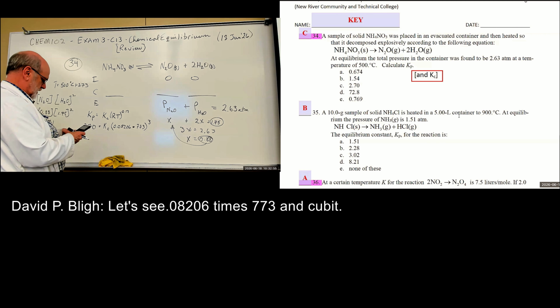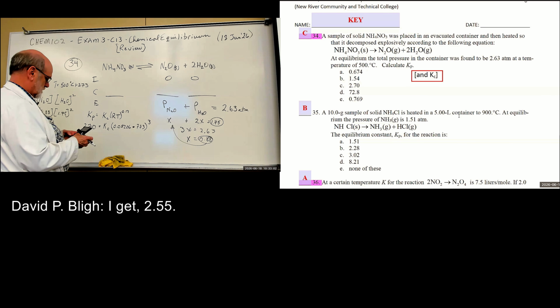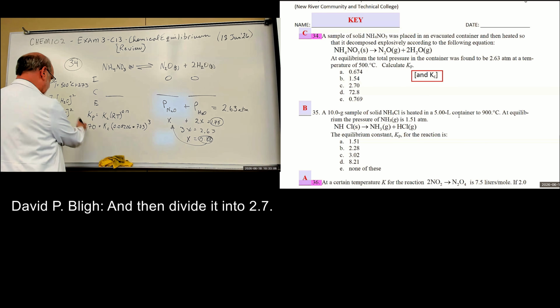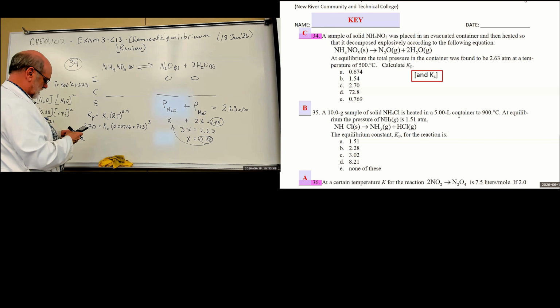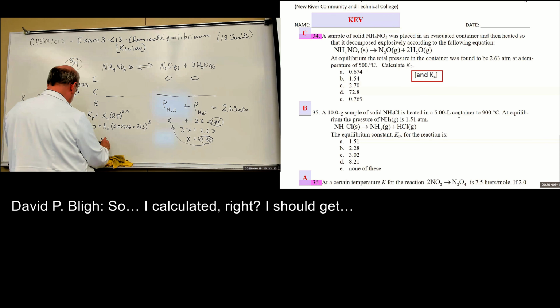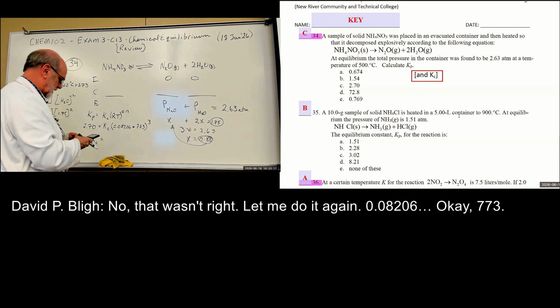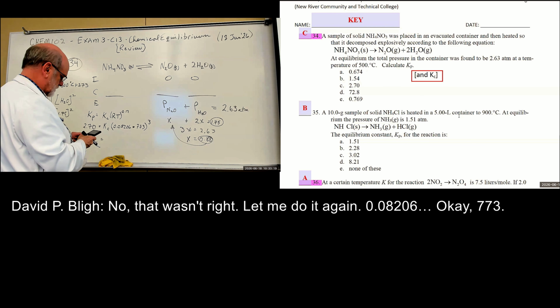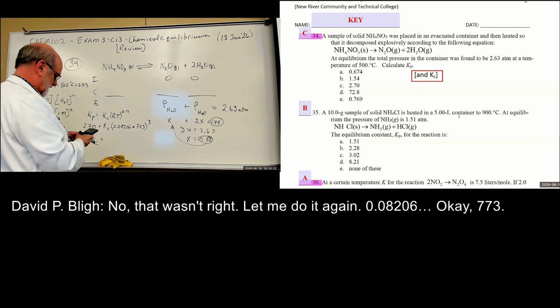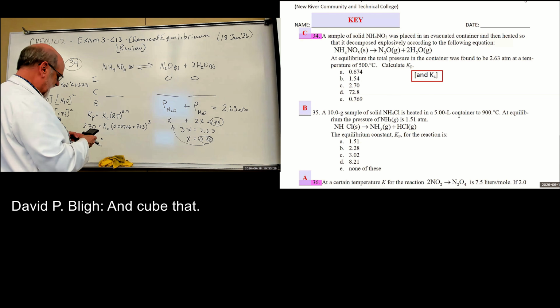Let's see, 0.08206 times 773 and cube it. I get 2.55 and then divide it into 2.7. So if I calculate it right, I should get, no, that wasn't right. Let me do it again. 0.08206, okay, times 773, and cube that.